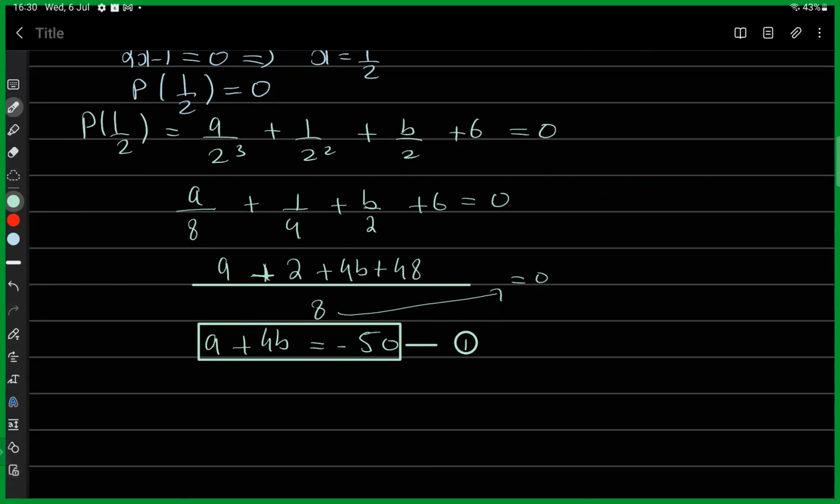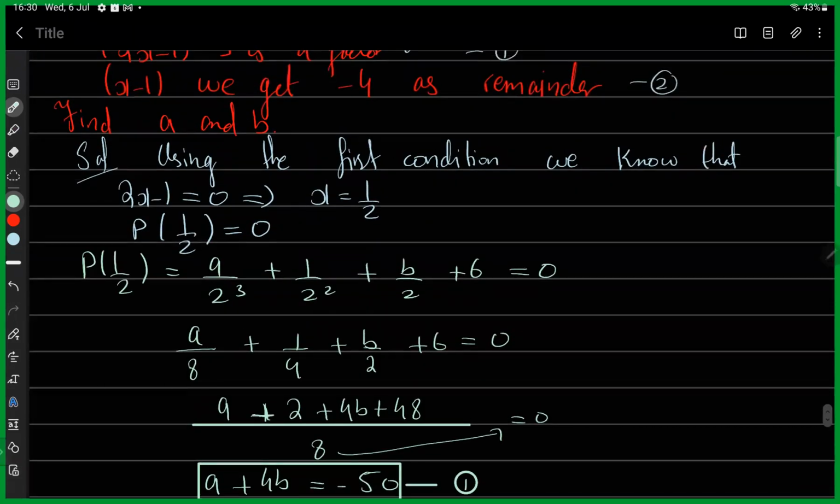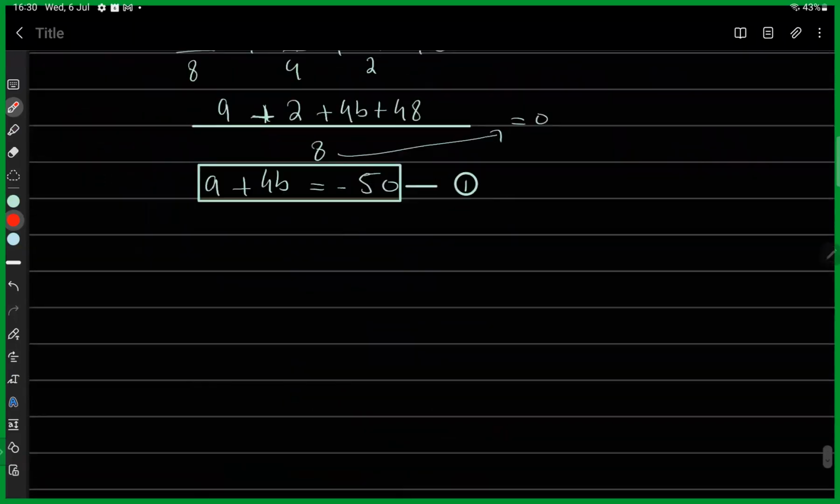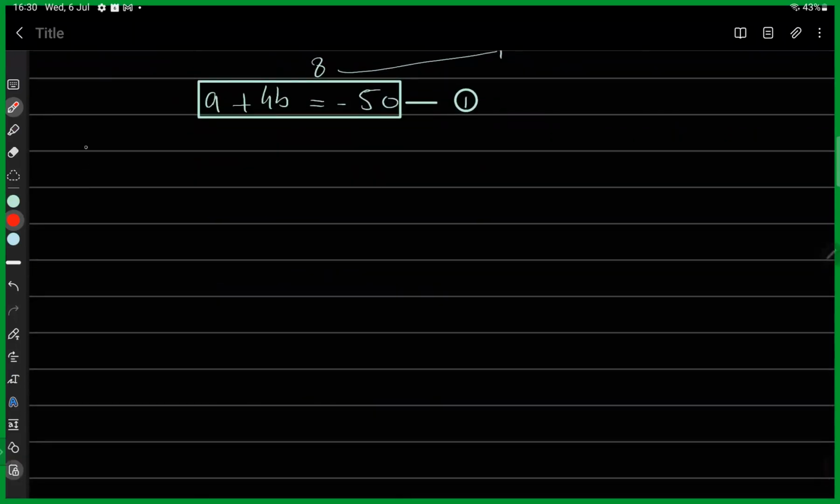Now we will use the other condition. The other condition was when we divide by x minus 1, we get minus 4 as the remainder. So now I will use the remainder theorem. Using the second condition, x minus 1 would mean x equals 1, and p of 1 would give you minus 4, because that was basically the remainder.